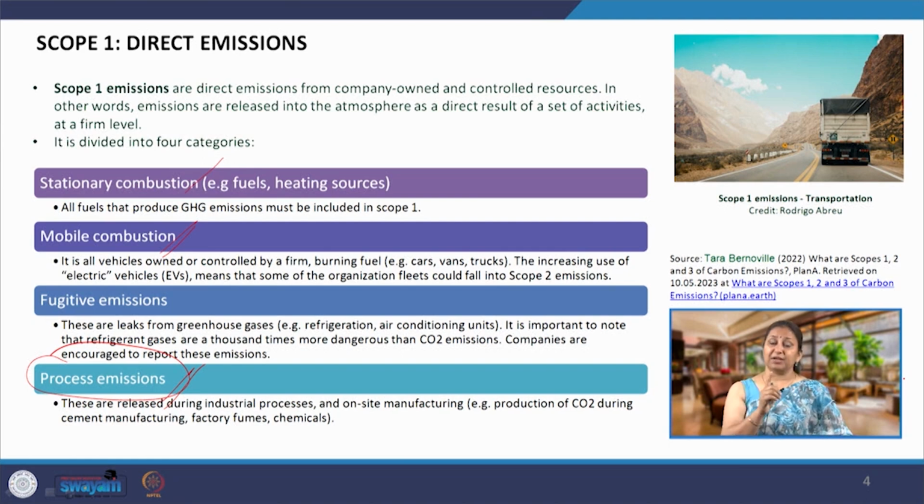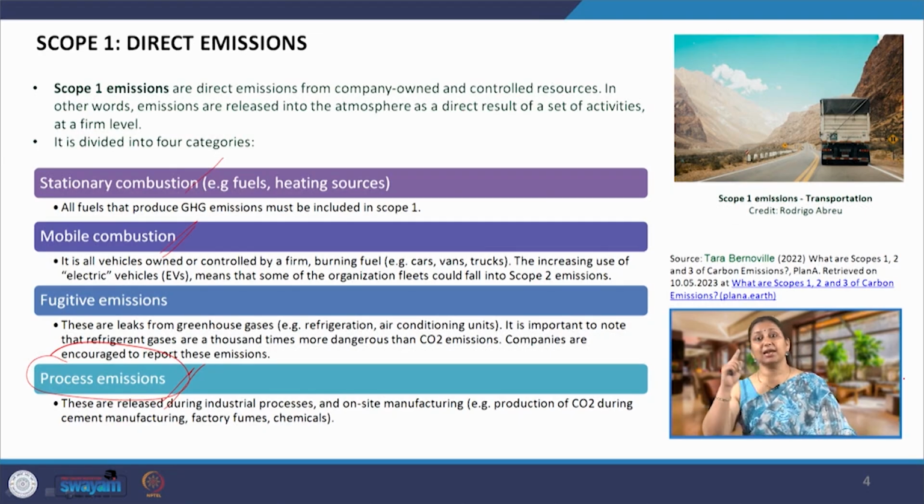In case we have an electric vehicle fleet, we were discussing that also. If we have an electric vehicle fleet, in that case we are not burning the fuel directly at our facility or within the purview of our organizational boundary.